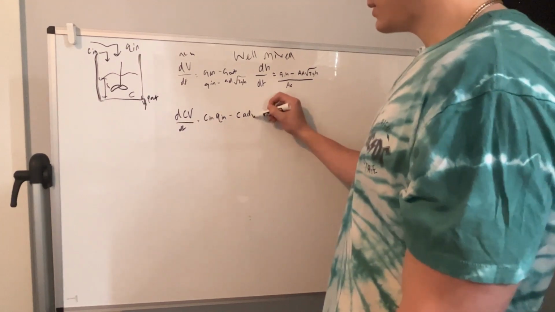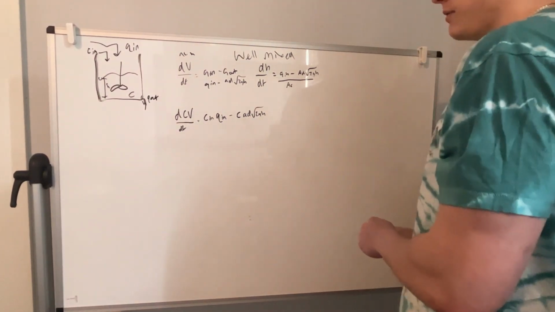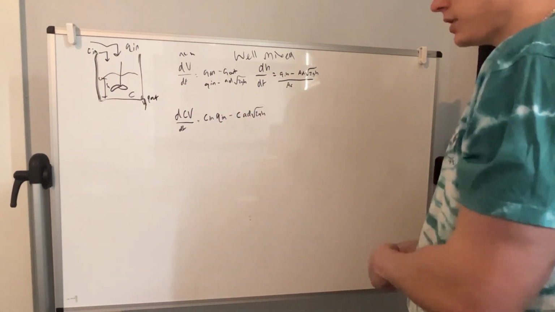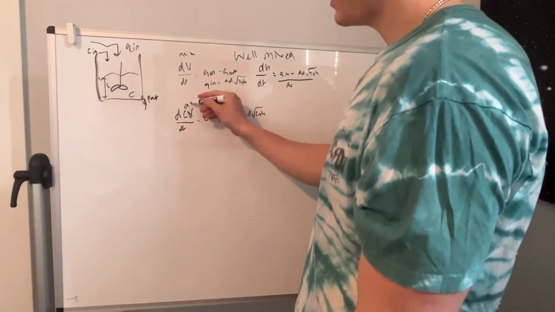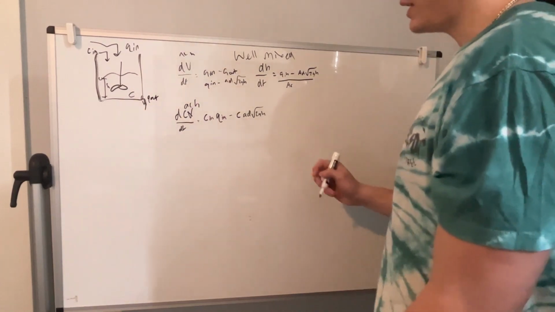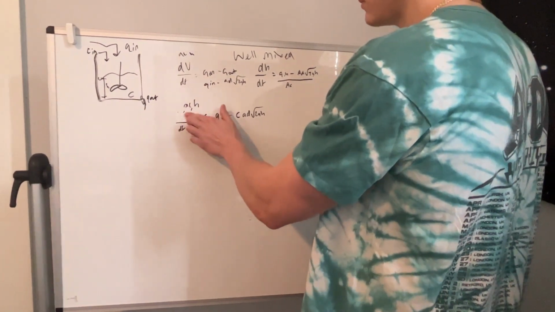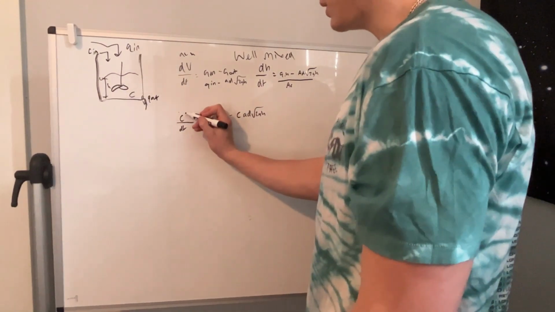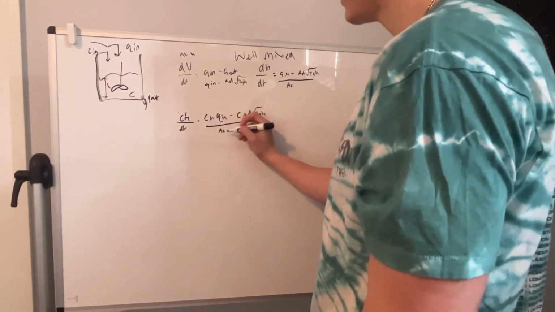And now that we're here, we can do the same thing with our volume as we did before. So split it into AC and H and divide by AC. So we'll end up with CH, all over AC.